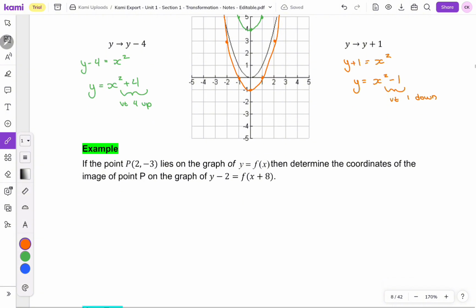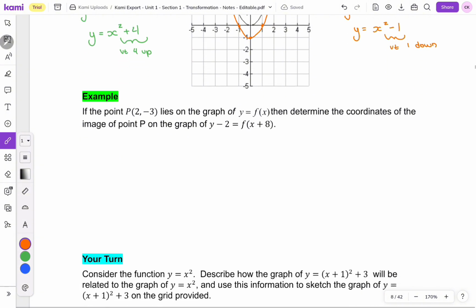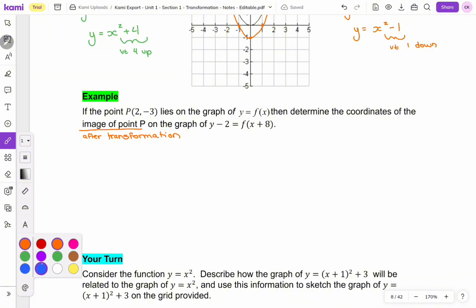So it says, if the point (2, negative 3) lies on the graph of y equals f of x, then determine the coordinates of the image point. Image means after the transformation. First I see that I have the negative 2 on the side with the y, so I'm going to start with isolating y.